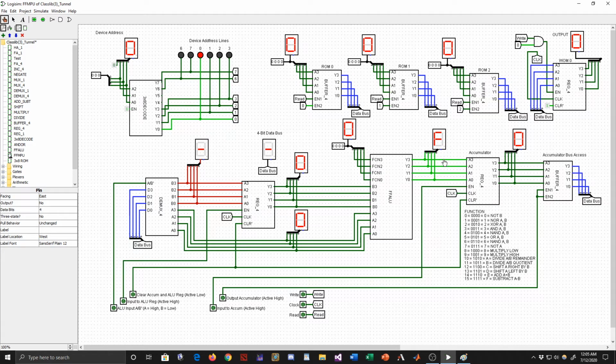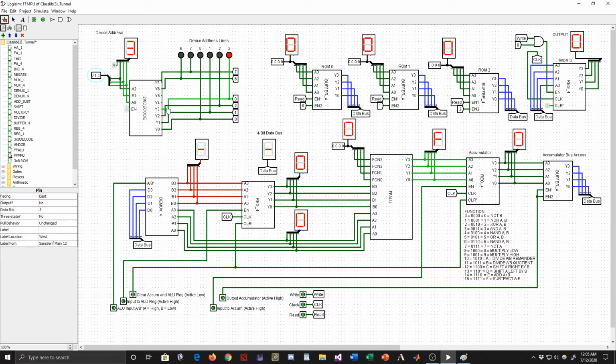Alright, so now we can stay on our main view here as I describe the rest of what is going on. Over here we have this 3 by 8 decoder, and its job is, over here you can control the device address. I will toggle this one around a little bit. So you change the address to 3, and our 3 by 8 decoder will light up Y3. And you can see that that information is being handed to this tunnel.